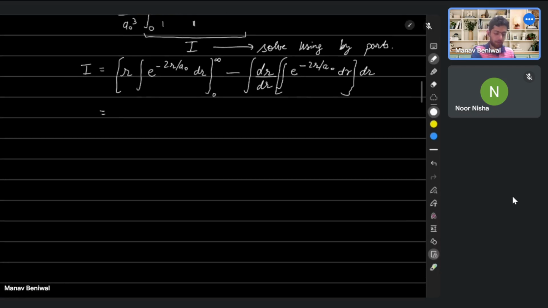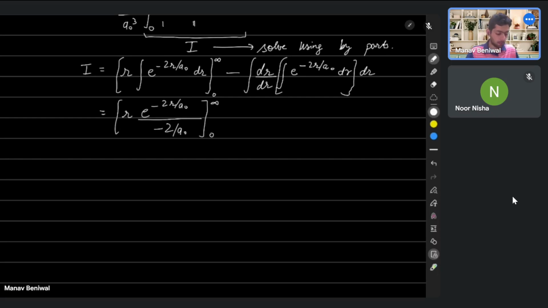So this term will become, here we will have r, and integral of an exponential function will give us again the exponential function, and whatever we had here like minus 2 by a naught, we need to divide by the same thing, so we'll have minus 2 by a naught here.